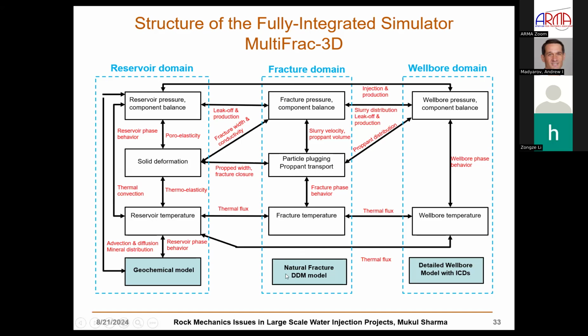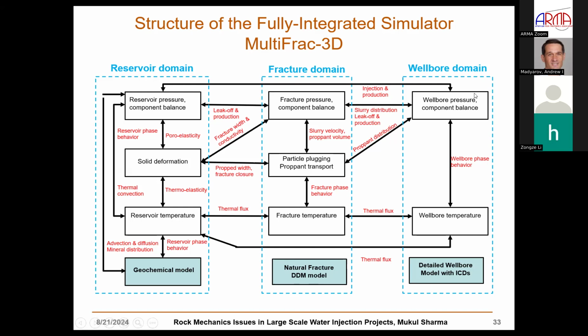And in the last 3 or 4 years, we've added natural fractures using a displacement discontinuity model. So if you have a DFN, you can propagate a fracture within the DFN to see the interaction between the hydraulic fracture and these natural fractures. All of this applies to water injection and to a whole bunch of other problems, of course.